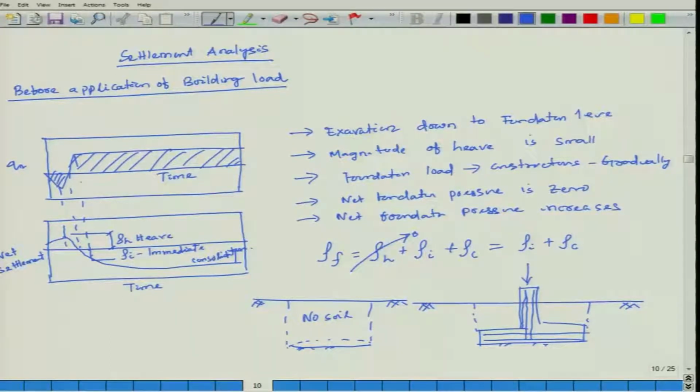Before I start, I wanted to explain that net foundation pressure decreases because of heave. By application of load on the foundation, it starts increasing again and becomes 0, that means the heave has been settled down against the foundation pressure.